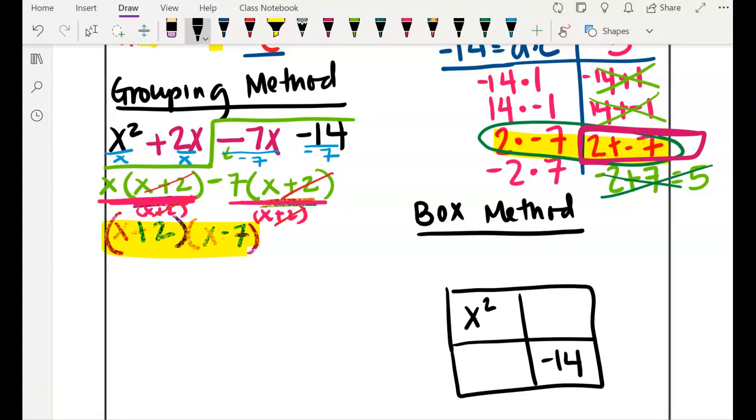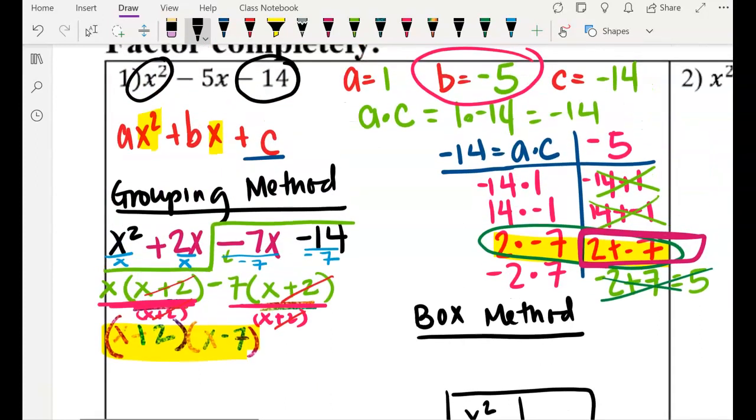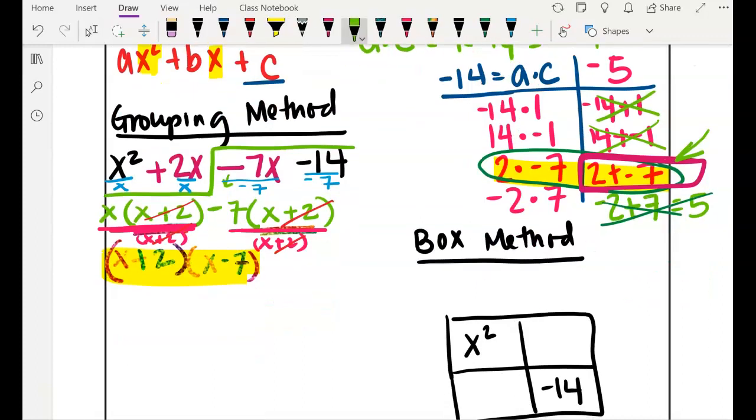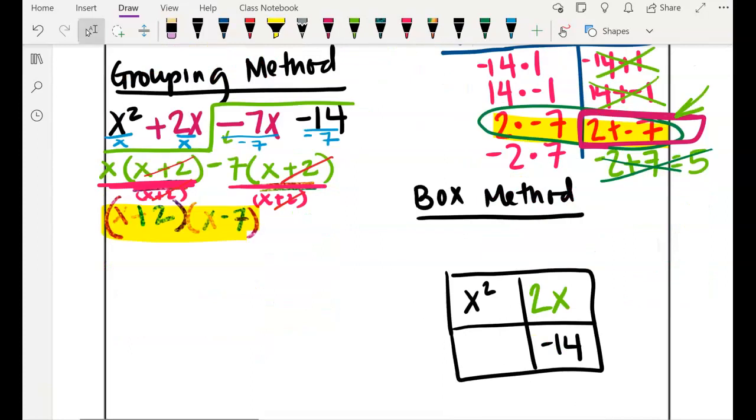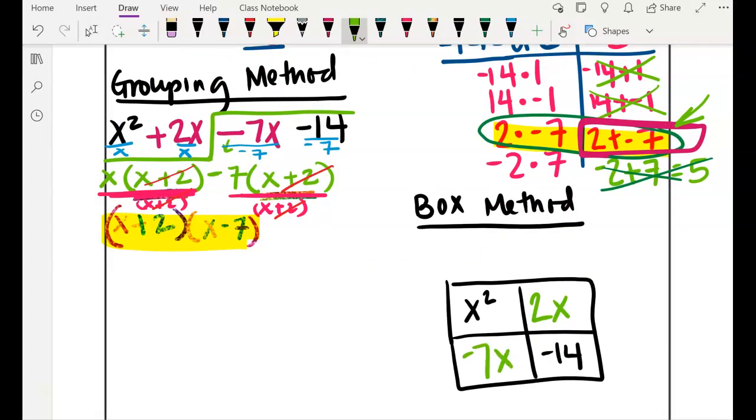Now we have 2 blank boxes. Remember, we still need to fill in the negative 5x, but this time it comes from the chart again, which is 2x and a negative 7x. It does not matter which one you put where, as long as you can switch them around. The negative 7x could be on the top right, and the 2x in the bottom left.